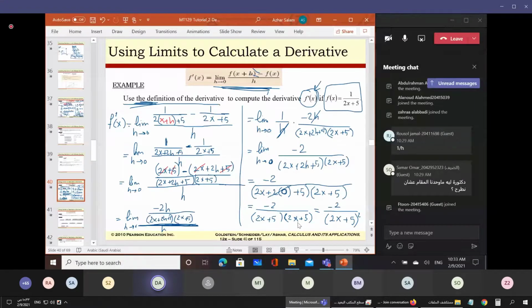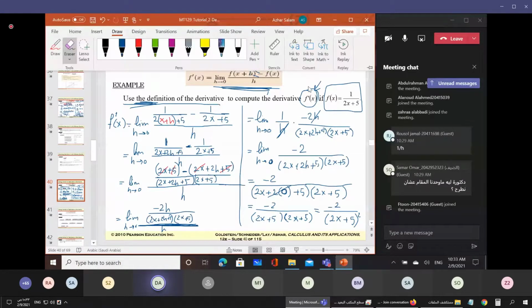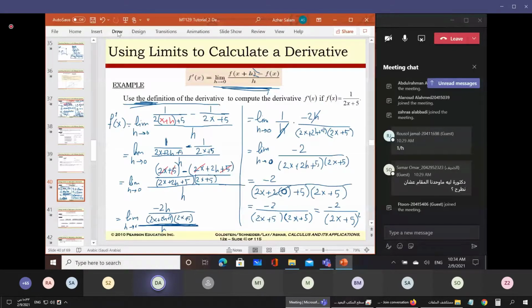Okay, when I take the limit and simplify, I finish the solution, and this is the derivative which is required in the question. Minus 2 divided by 2x plus 5 all squared. This is actually the same result when I use the rules. Okay, if I want to use the rules without the definition, I will show you now how to use it.